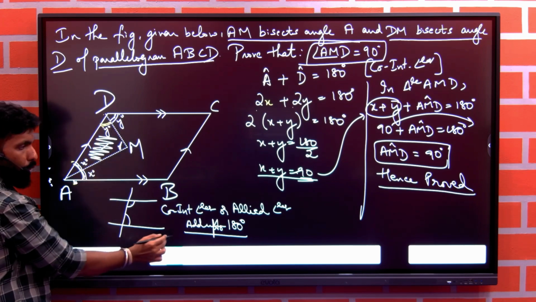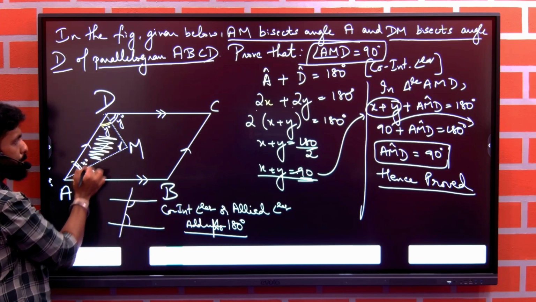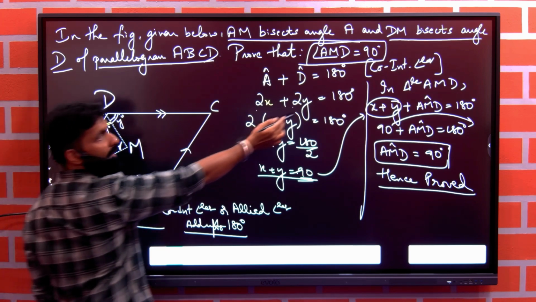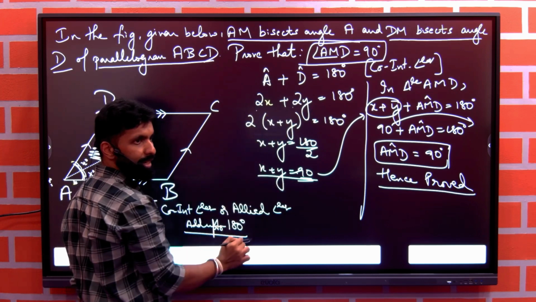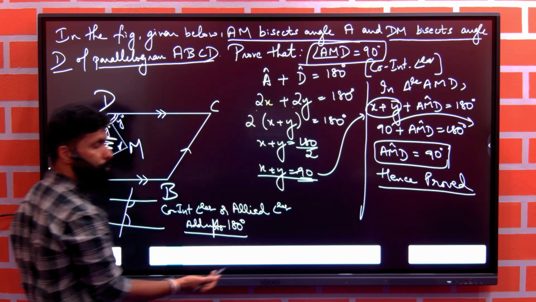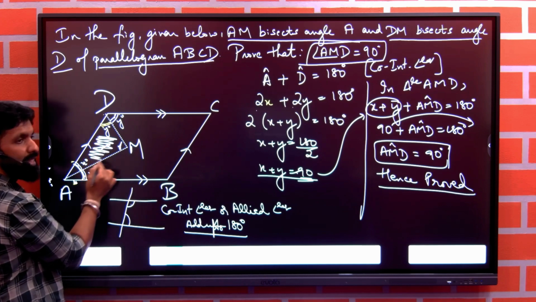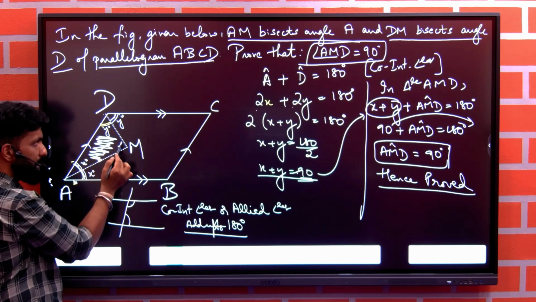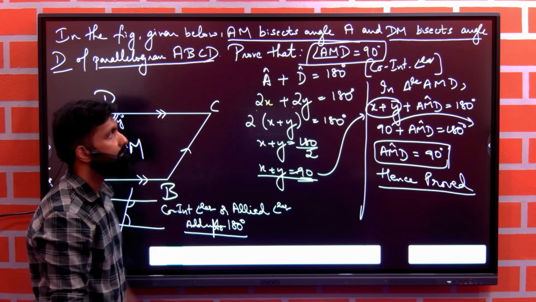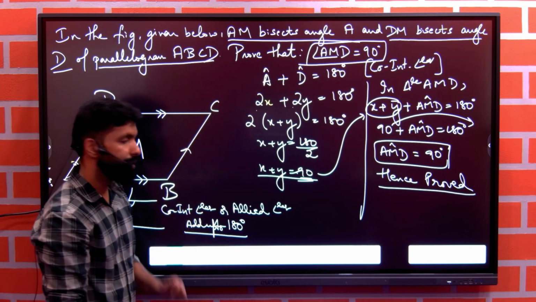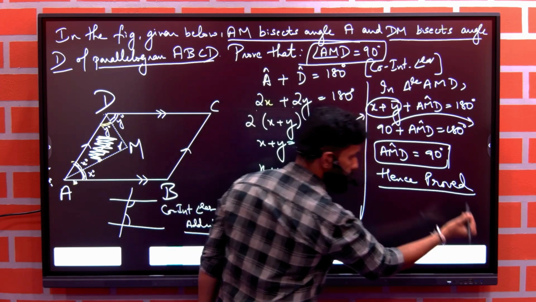So as per co-interior angles concept, 2x plus 2y was equal to 180 degrees. And when you took the common factor, you got x plus y as 90 degrees. Now, why are we finding x plus y? So that we can use it in the angle sum property. x plus y plus angle AMD is equal to 180 degrees. And I arrived at 90, which was asked in the proof, right? So more questions.